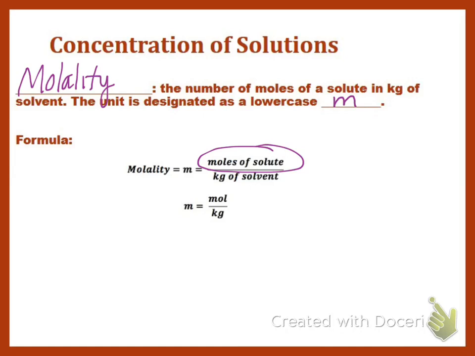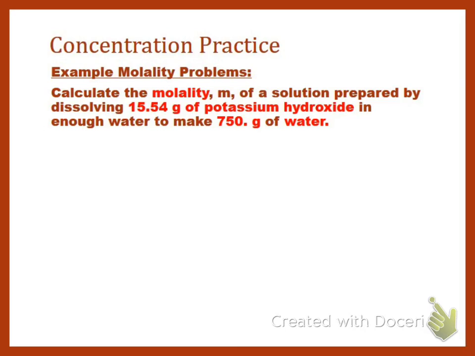So now let's work a couple of problems with molality. Same concept, except now we're using kilograms. One thing that I need you to write down somewhere, because it's going to come in handy, is that the density of water is 1 gram per milliliter. So every 1 milliliter of water has a mass of 1 gram.